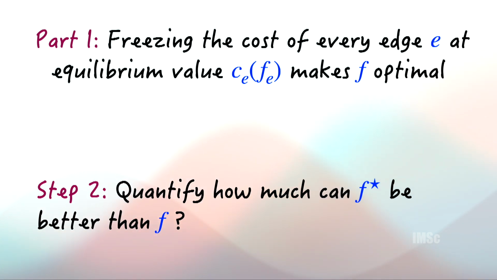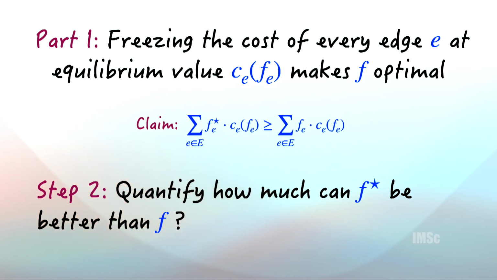The equilibrium flow itself, right? Because the equilibrium flow works with the cost that it is inducing. If you freeze the cost, when do I get an improvement? When I move things around. But I'm freezing it, this is it. Then there cannot be a better flow than this. That's the mental picture I want you to have.